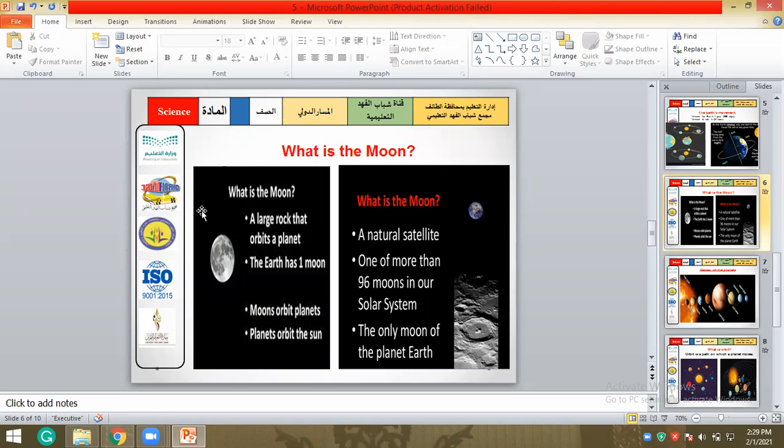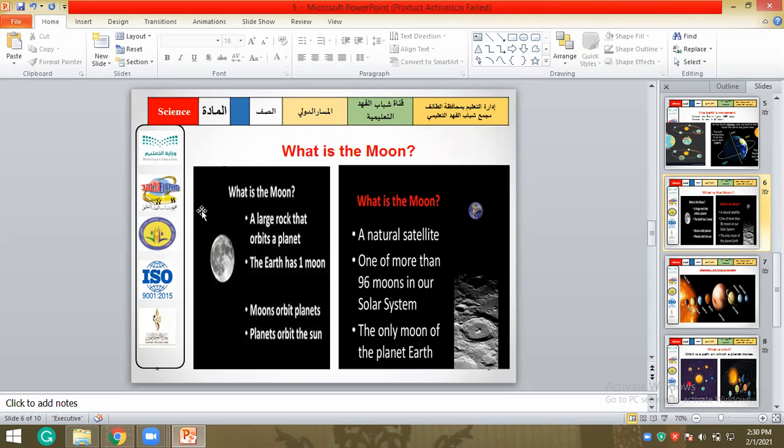A large rock that orbits a planet. Planet, not plant.